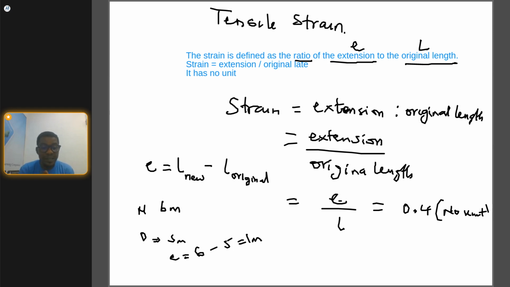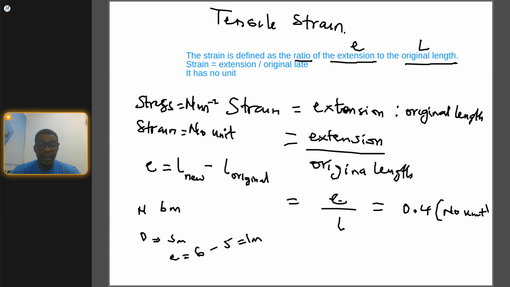But if you are solving a tensile stress question, there are units, and the unit of tensile stress is Newton per meter squared. For stress, the unit is Newton per meter squared. For strain, there are no units.